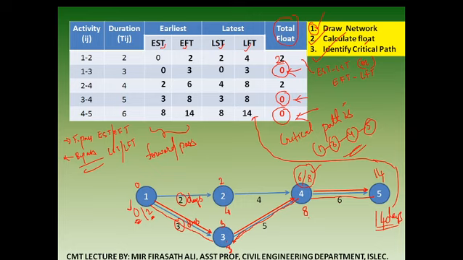This is the method to draw the network calculations. So in this class, what we have done, we have drawn the network diagram, we have calculated float, we have identified the critical path. Let us see one more example of drawing this network and calculating float.